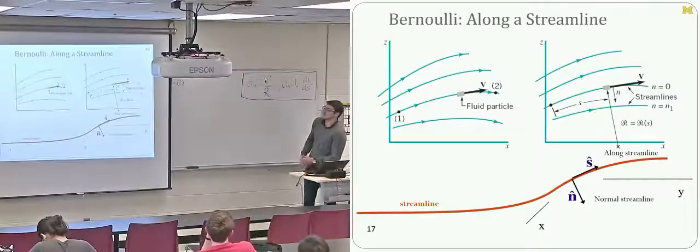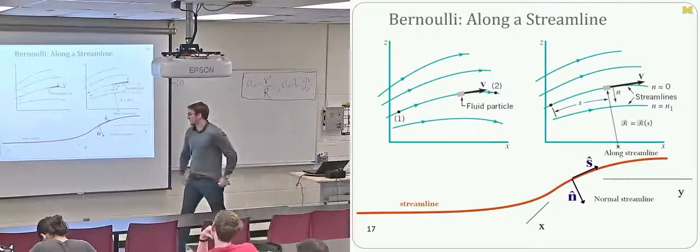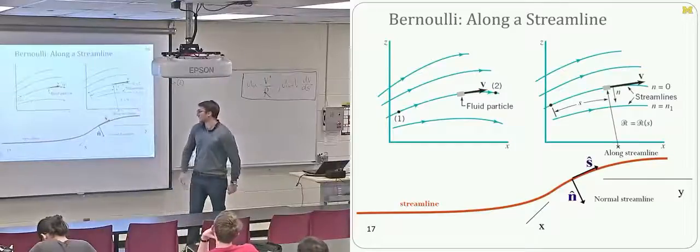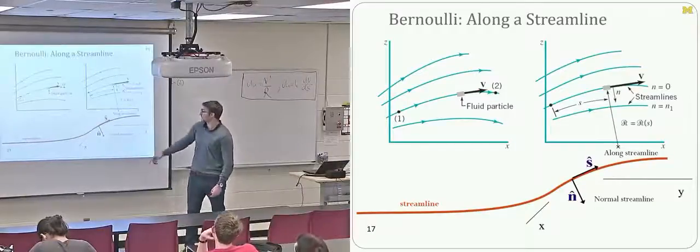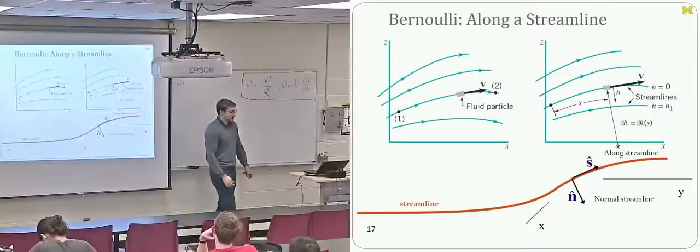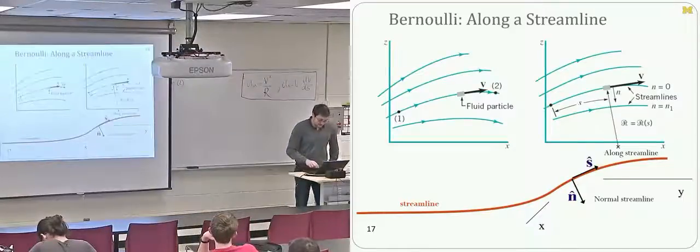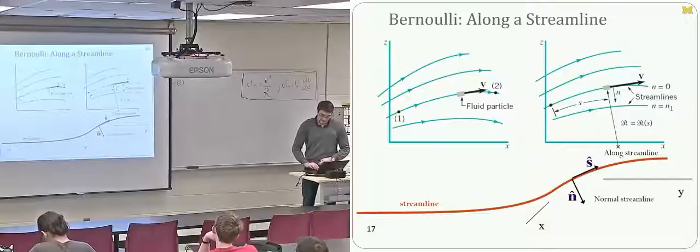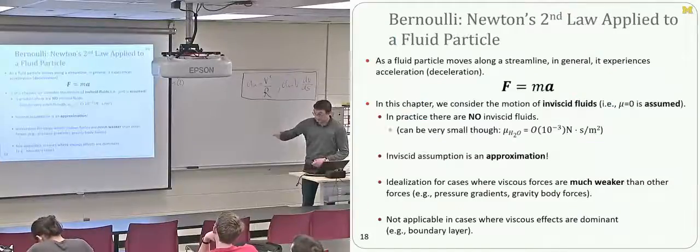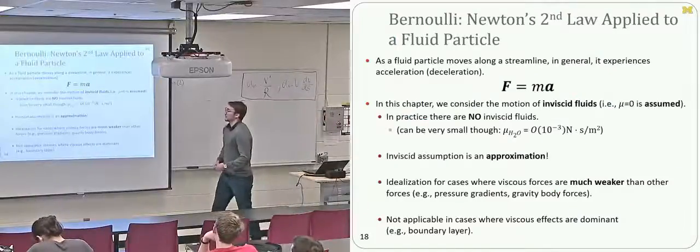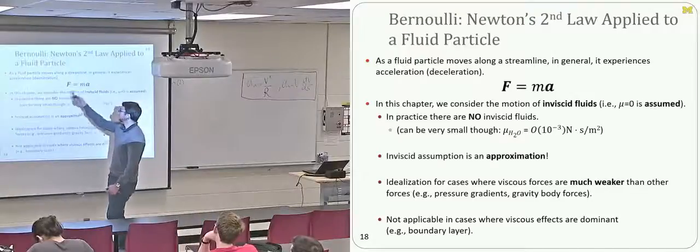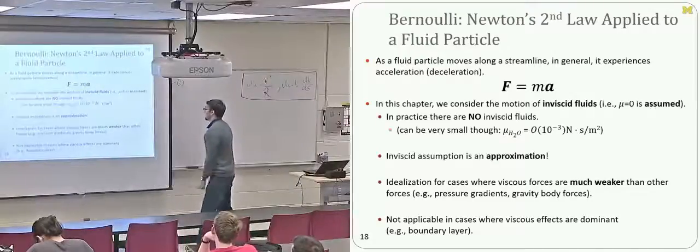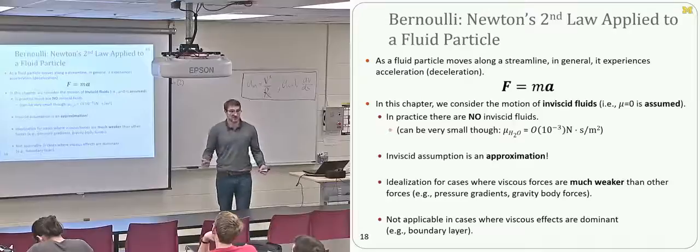They make no assumptions about the orientation of S and N, or the relationship to our Earth-fixed coordinate systems, X, Y, Z. They can pretty much be pointed any direction they like. So what we're going to be doing in the next couple of minutes on the board is using good old Newton's second law, F equals ma, applied to this particle on a streamline.